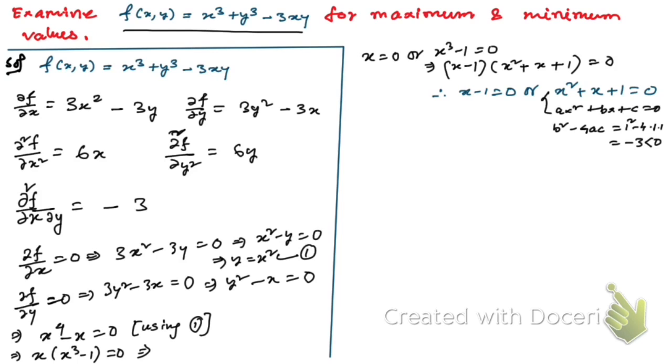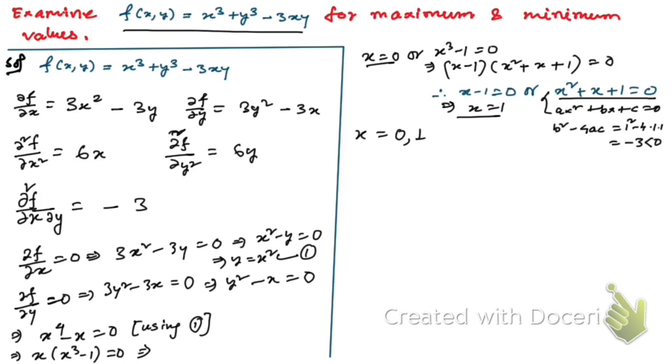That means this equation has no real solution. That's why we're gonna ignore this part. So we're gonna take the solution of this part, that is x is equal to 1. So that's why we have got x is equal to 0 or x is equal to 1. So that means we are getting values of x 0 and 1, right?